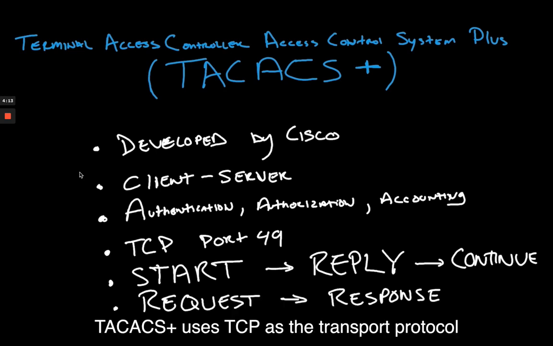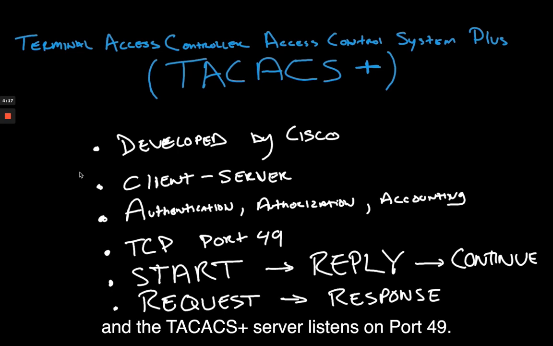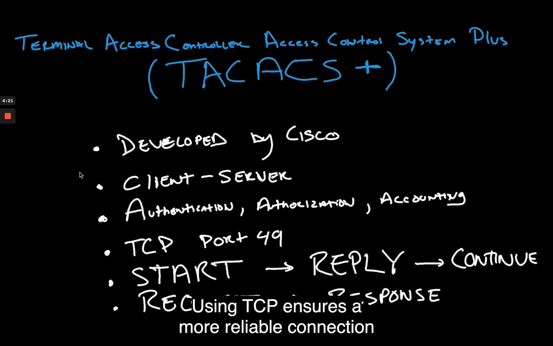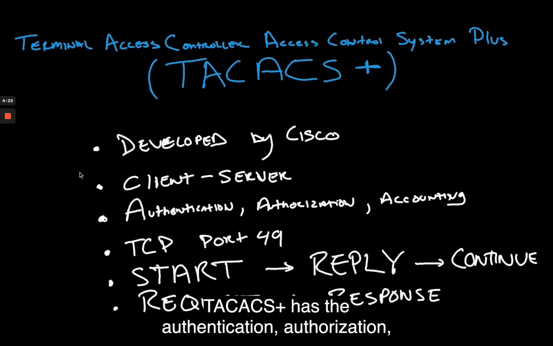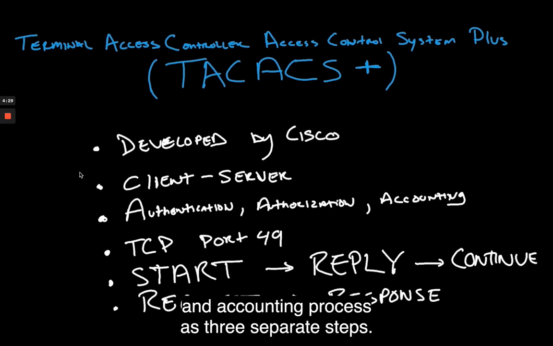TACACS Plus uses TCP as the transport protocol, and the TACACS Plus server listens on port 49. Using TCP ensures a more reliable connection and fault tolerance. TACACS Plus has the authentication, authorization, and accounting process as three separate steps.